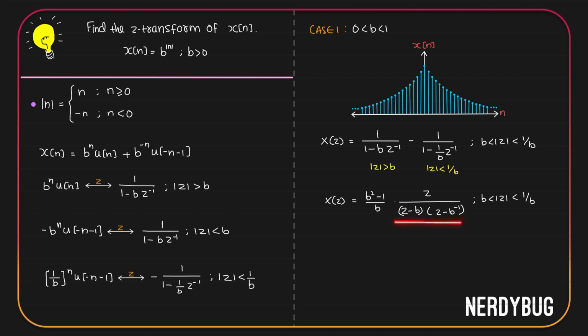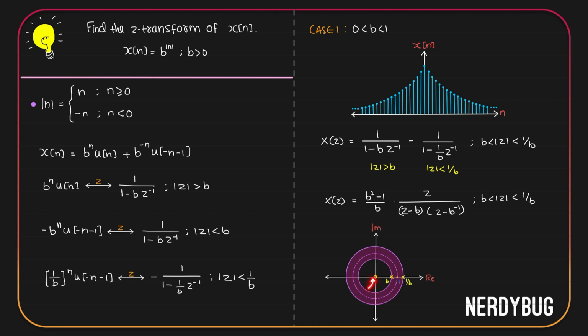It is better to write this way so we can easily see the poles and zeros. We have a 0 at z equal to 0. We have a pole at z equal to b. We have another pole at z equal to 1 by b. And ROC will be between b and 1 by b. So if we plot the ROC on a z plane, this is how it will look like.